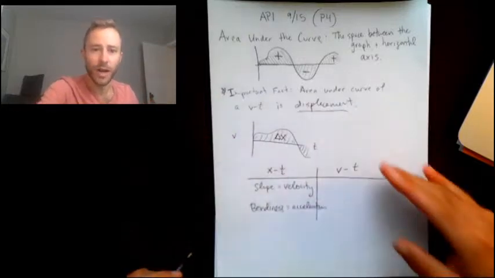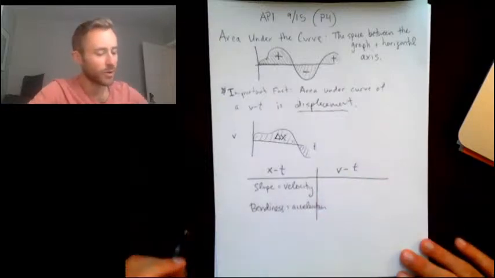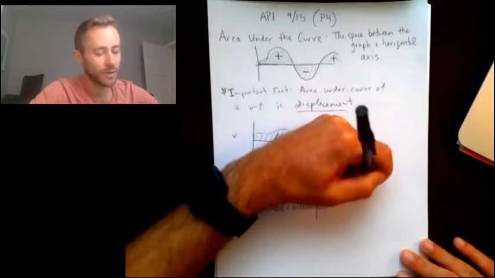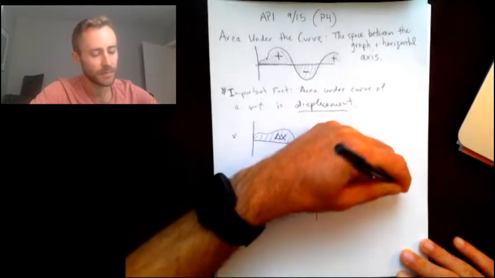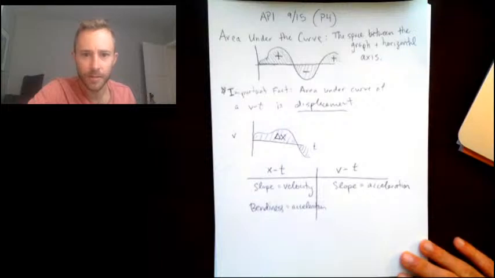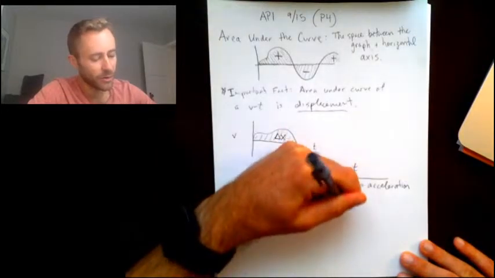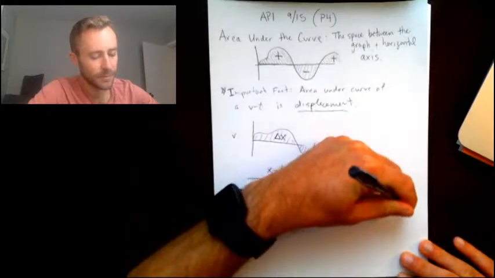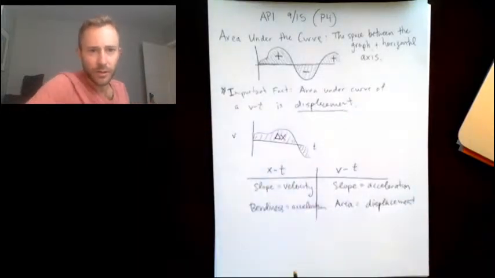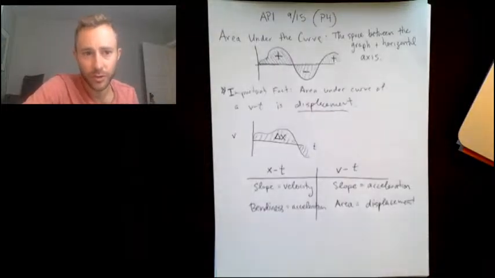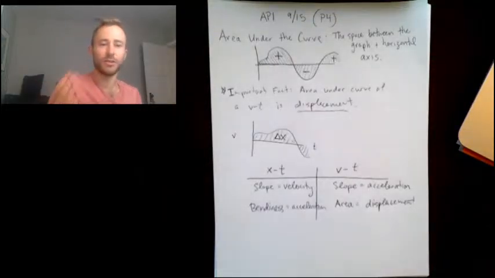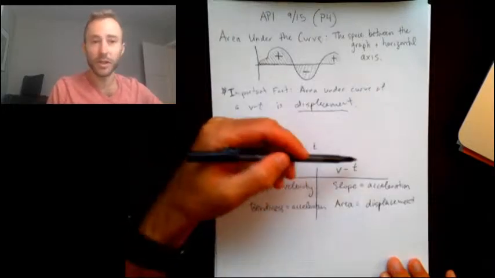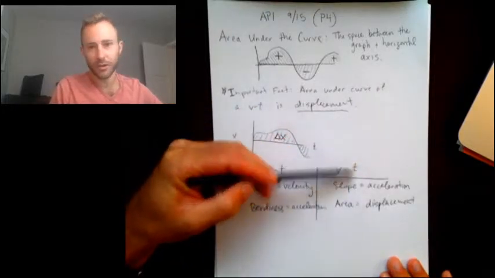If you have a velocity time graph, the slope is interpreted as acceleration, and the area under the curve is displacement. So these are your key facts for motion graphs. If you're looking at a position time graph, you want to think about this column when you interpret it. If you're looking at a velocity time graph, you want to look at this column to interpret it.